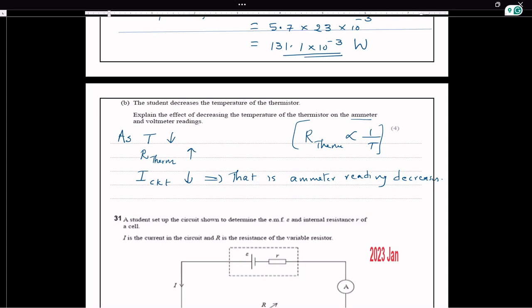When the circuit current decreases, the voltmeter reading, V of the loop, or we can say the voltage drop across the load, that means the total resistance. Thermistor on the ammeter and the voltmeter reading.